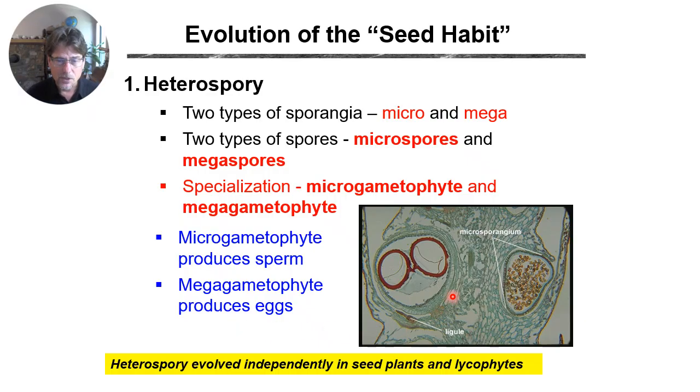It's shown in the image here. The structure that you see on the left is part of a Selaginella strobilus, and the left part of this image shows the megaspores forming within the megasporangium, and on the right we have the microspores forming within the microsporangium. And something very similar to that was passed on to the early gymnosperms.